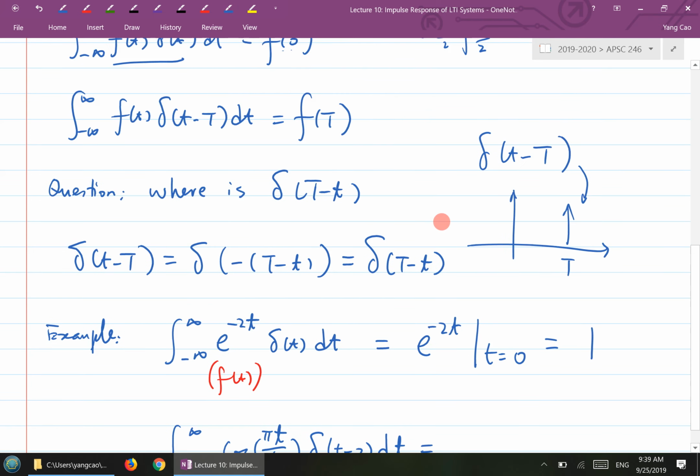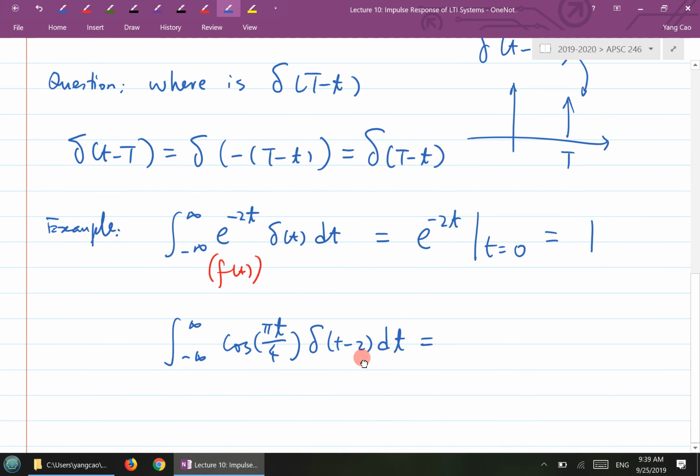So you basically apply the second shifting property formula here, because this is shifting by 2, then you let t equal to 2, right? So that becomes pi times 2 over 4, so pi over 2, cosine 90 degrees, which is 0. Okay, so that's the idea.